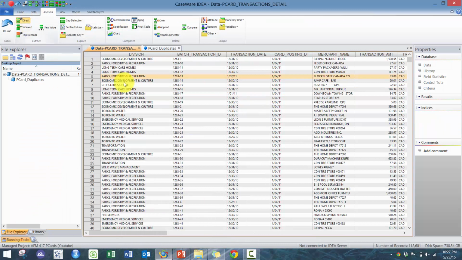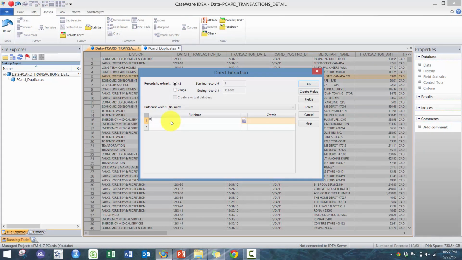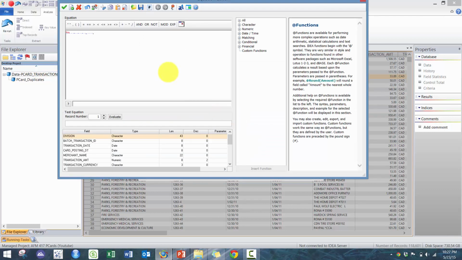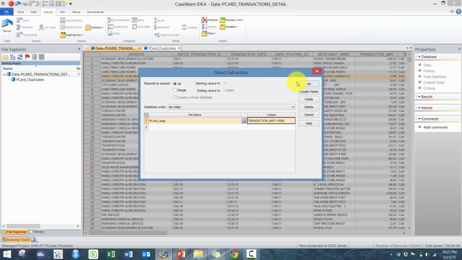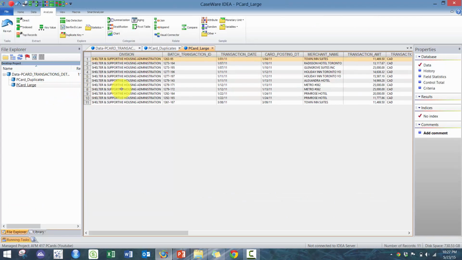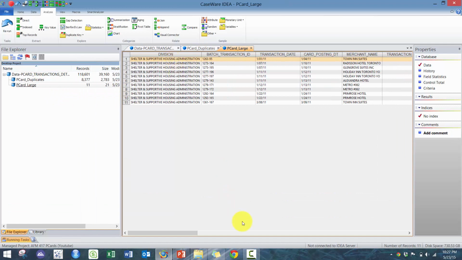Again, pretty simple. So Pcard large, and in this case we're going to use transaction amount. The reason why we're worried about transactions greater than 10,000 is that we're looking for people who are avoiding the accounts payable process. You do use Pcards because they are quick and easy to use.